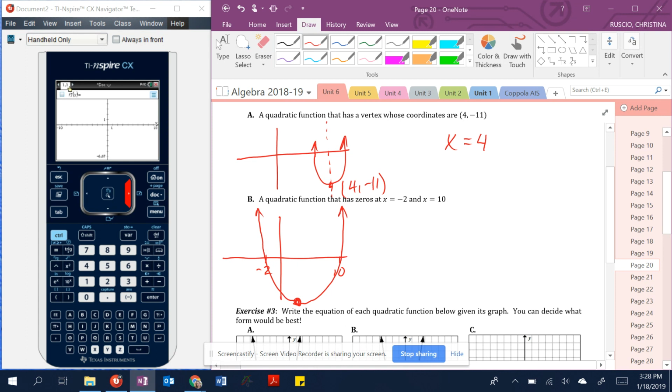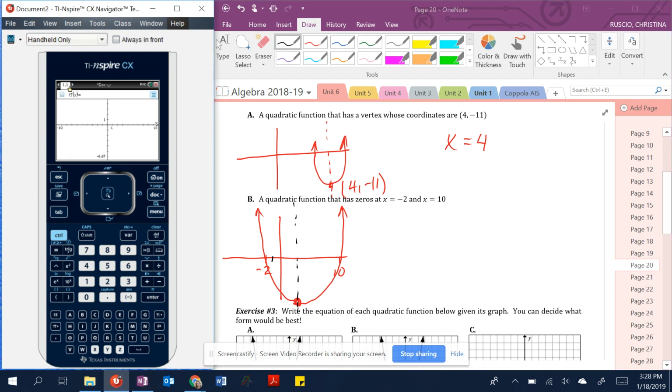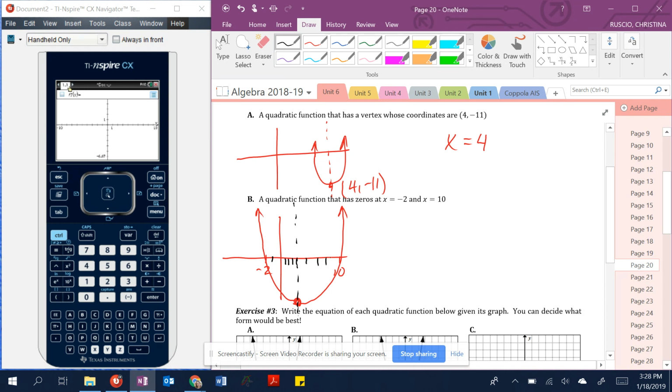Okay, don't judge me. All right, so it has to have an axis of symmetry right here, right down the middle. So if this is 2, that's -1. And then what we would want to do is count 10 spaces away. 1, 2, 3, 4, 5, 6, 7, 8, 9, 10.